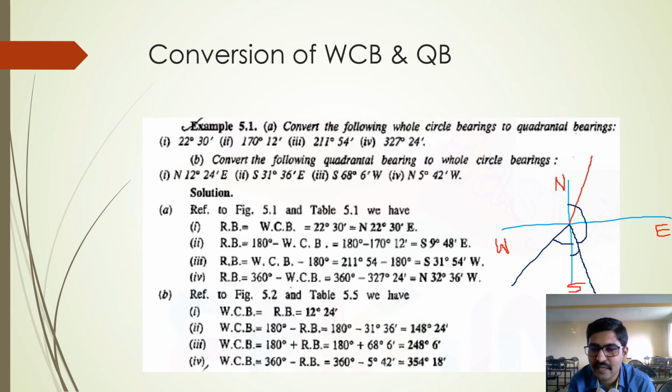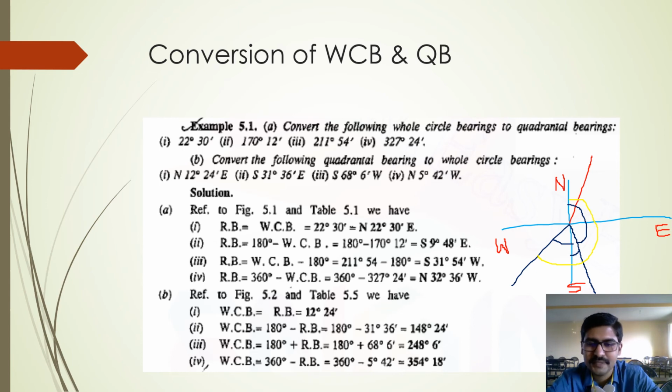The given angle is from north, so this complete angle is the whole circle bearing, but the quadrantal bearing is only from south to that line, right? So 211 degrees 54 minutes minus 180 degrees is 31 degrees 54 minutes, and the line lies in the southwest quadrant. So it will be south 31 degrees 54 minutes west, right?